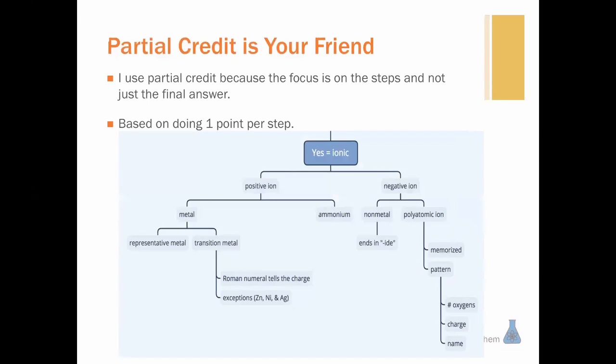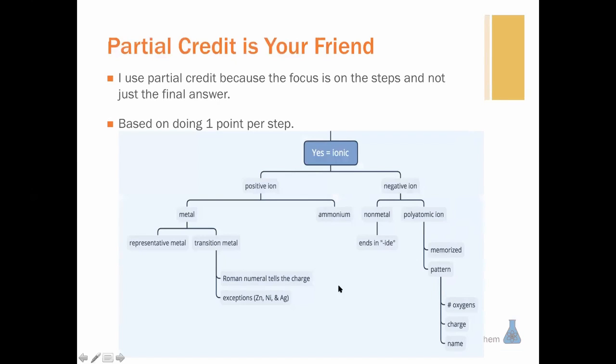And so what I tell them is, hey, if you just put parentheses there and throw in a random Roman numeral, I'll give you half credit for that, because you at least recognize that there was supposed to be a Roman numeral there. Whether you could actually figure out what it was or not is another matter, but you recognized that it belonged there. I'm going to give you some credit for that, because I want to encourage them to keep trying and pushing.